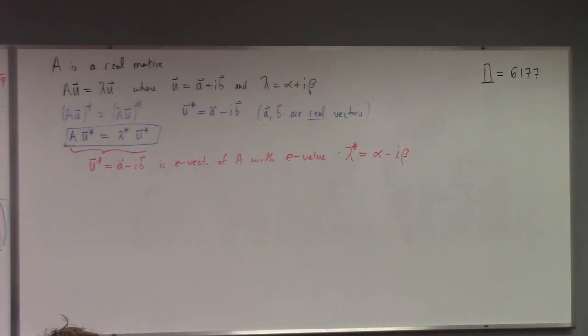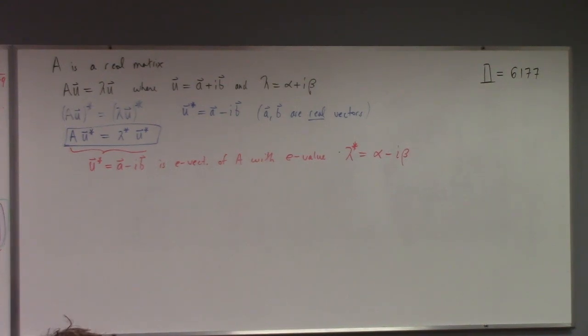So what I'm trying to take a second to explain to you is that the reason it's okay for us to just look at one of the eigenvalues in the complex case is because the other one doesn't have any new information in it. Like the complex eigenvector that we found here, this thing was a, and this thing was b.